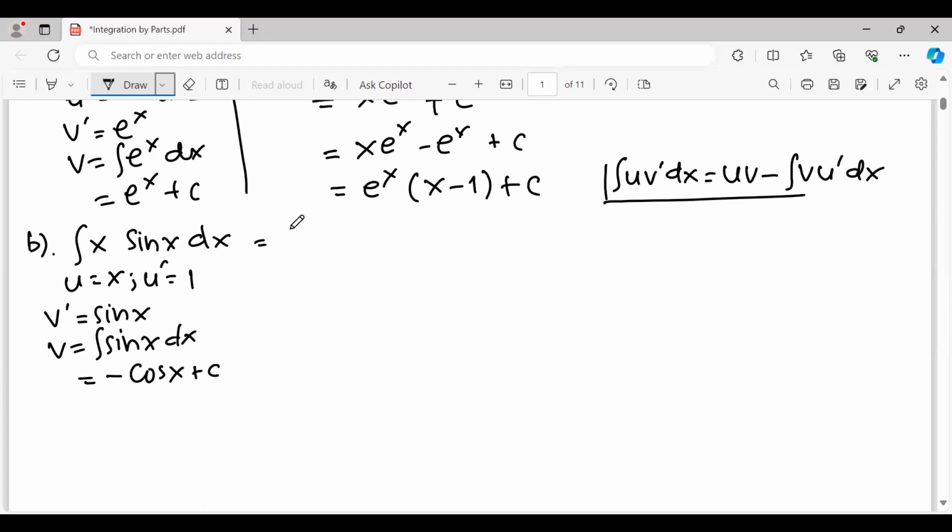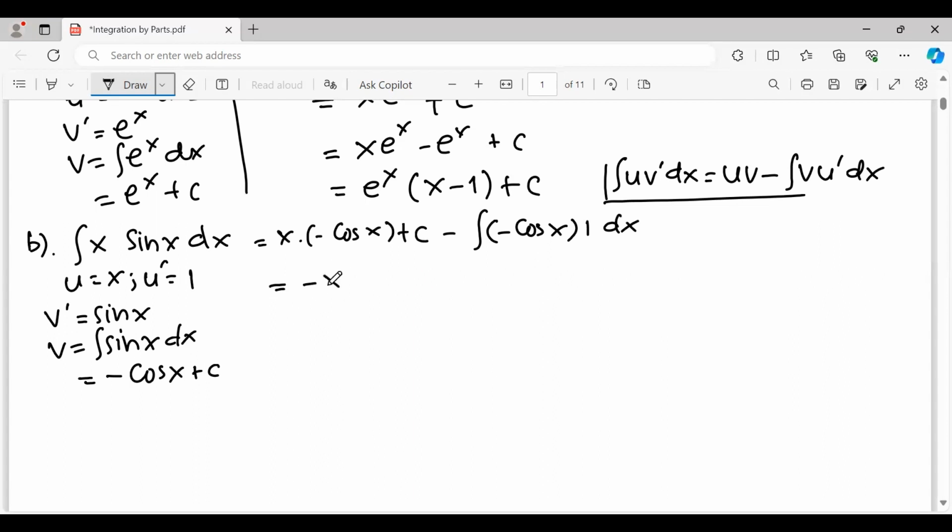So this integration is u times phi, x times minus cosine x plus c, minus integral of minus cosine x times 1 dx.